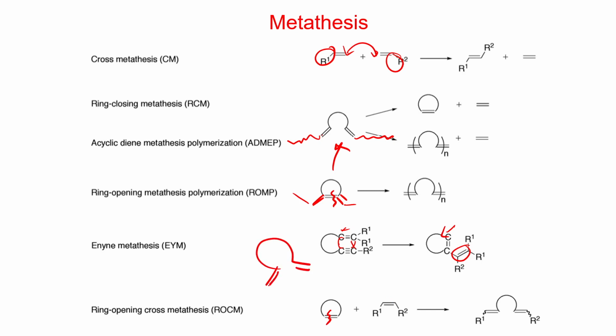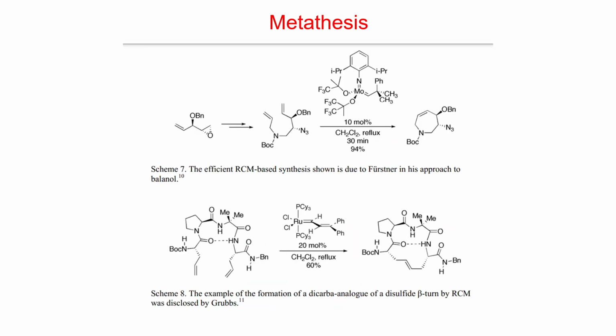So with ring opening, these two double bonds should be there, and here the catalyst is activated like this. Now along this way, one cross metathesis happens, and again with these two units, another cross metathesis happens. This is a combination of ring opening and cross metathesis reaction, so that's known as ROCM.